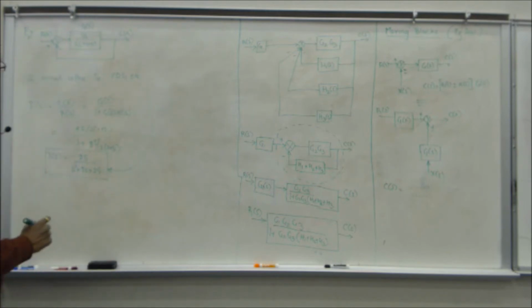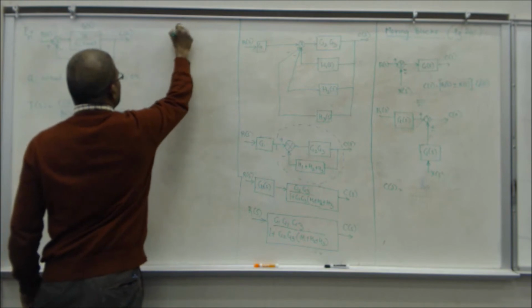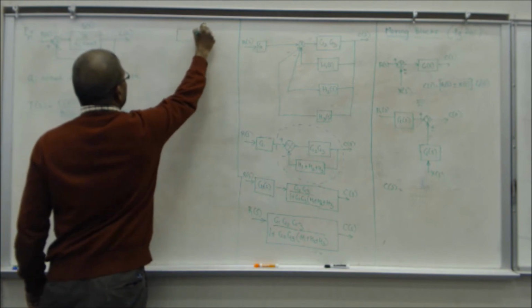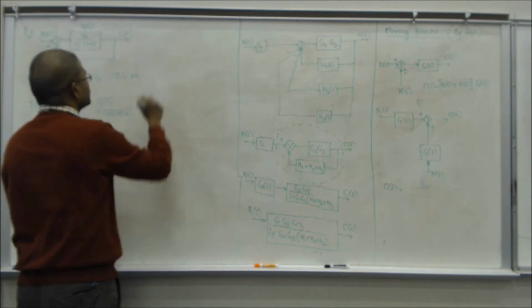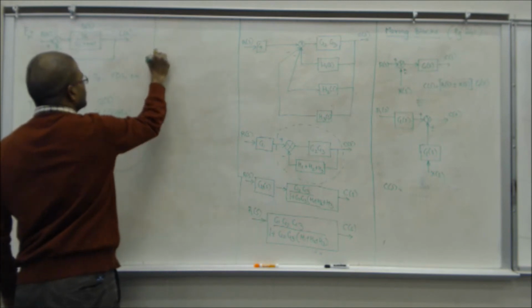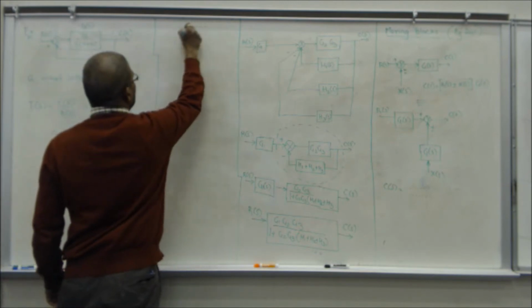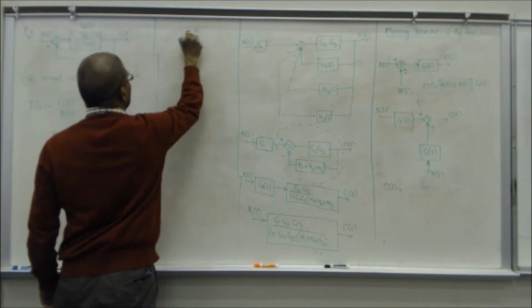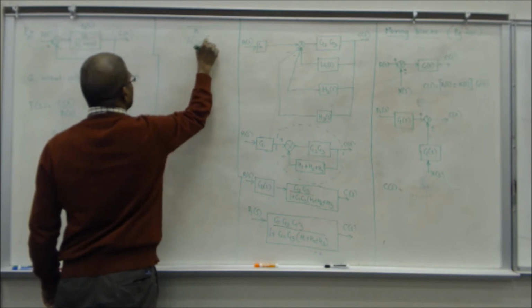And another example would be, let's say, you could be given a simple system like this, K over S into S plus 5.